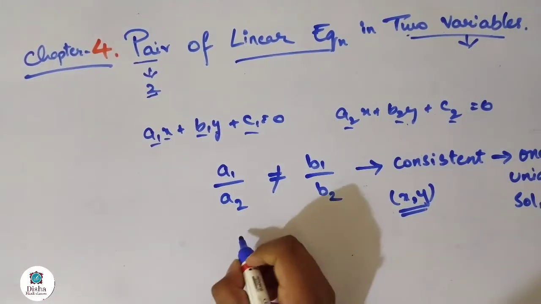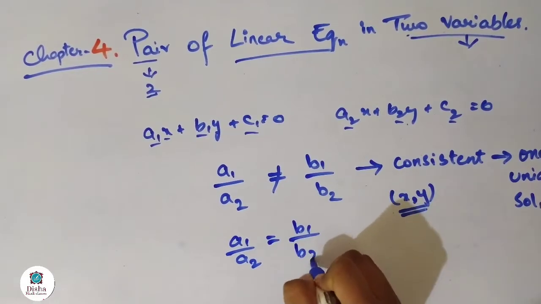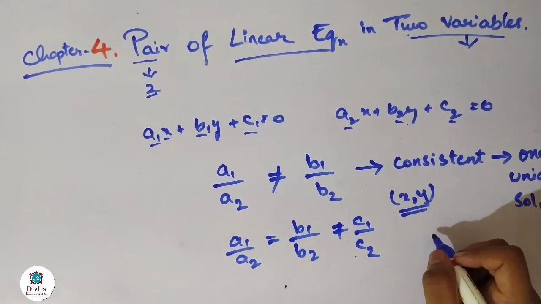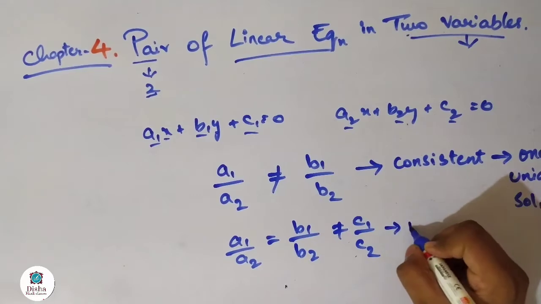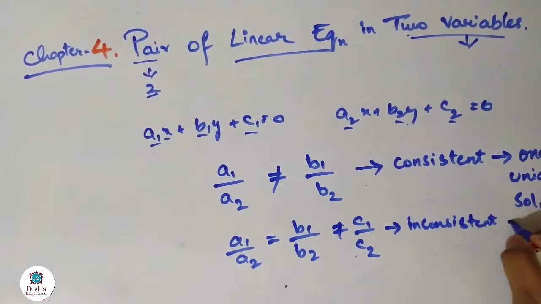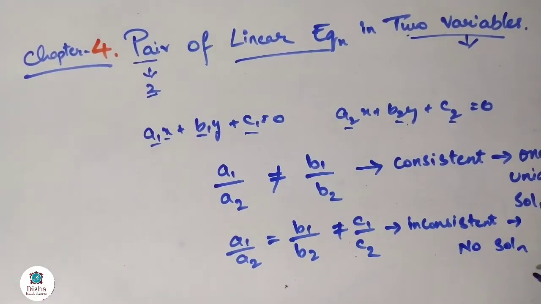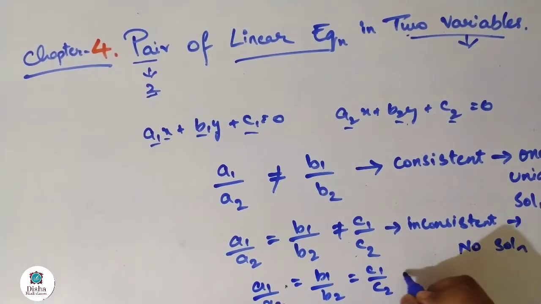If a1 by a2 equals to b1 by b2 not equals to c1 by c2, then what we'll get? Inconsistent. It means lines are inconsistent and we will get no solution. Next, a1 by a2 equals to b1 by b2 equals to c1 by c2.